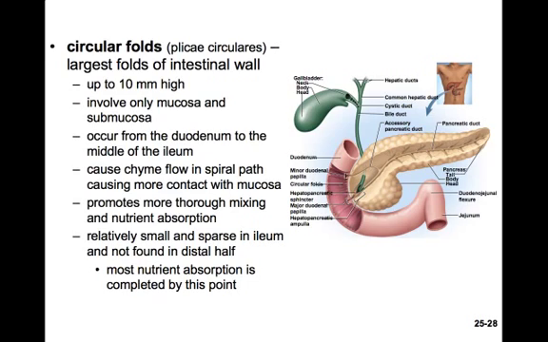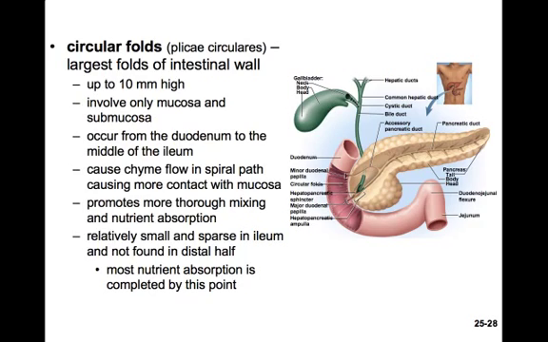The circular folds are like 10 millimeter high wrinkles all the way down through the small intestine. They're very prevalent in the duodenum. However, by the time you get to the ileum, they're quite small and sparse. They act to create spiral action in the chyme as it flows down through all the convolutions of the small intestine.